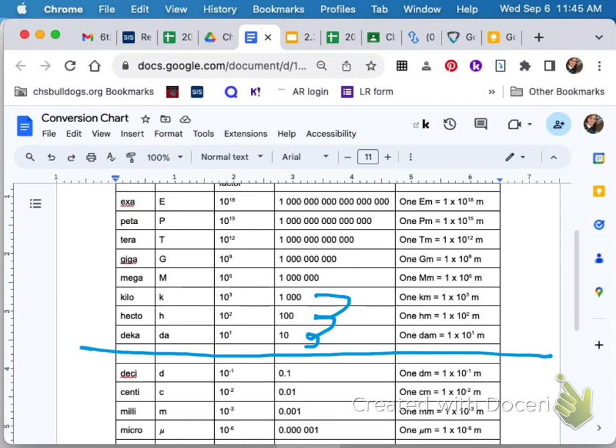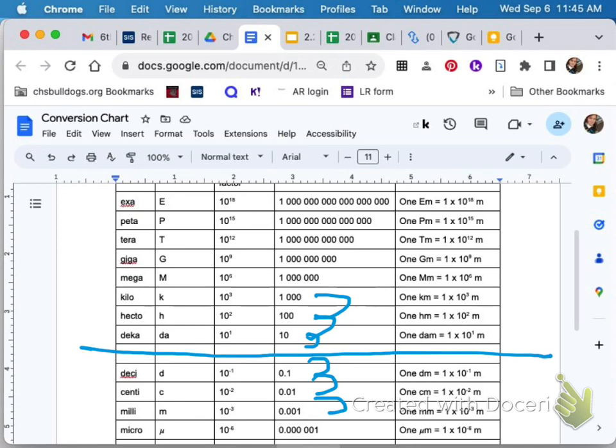And if we're going the opposite direction, that means there is 0.1, so a tenth of a gram in a decigram. Or if you want to say that a different way, you could say there are 10 decigrams to 1 gram. There's a hundredth of a gram in a centigram, so 100 centigrams to 1 gram. And then there's a thousandth of a gram in a milligram, or there are 1,000 milligrams for every gram. So we're going to use these, what we will call conversion factors, to help us convert between.